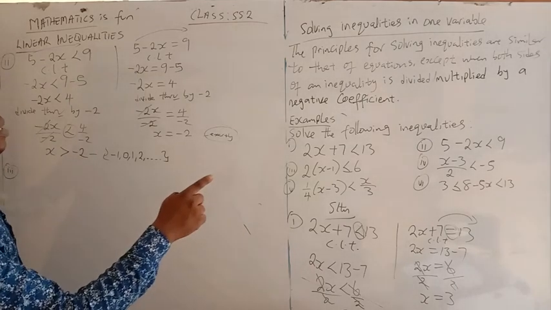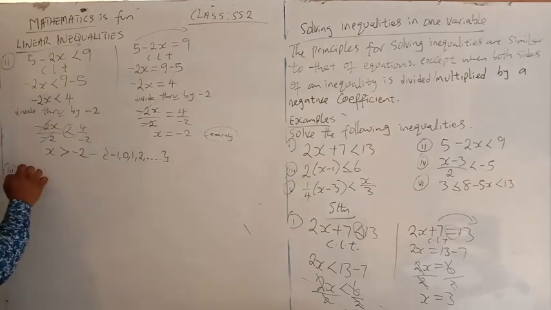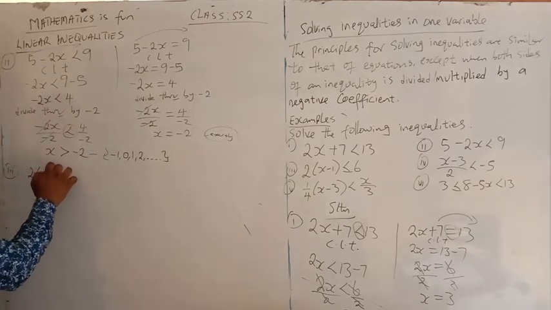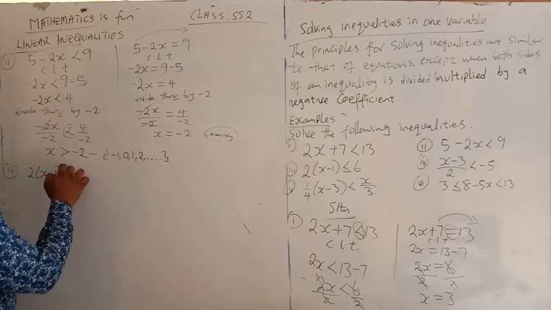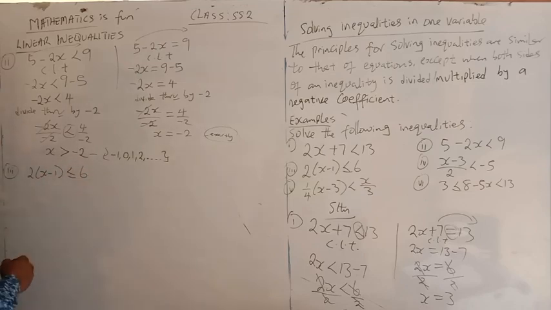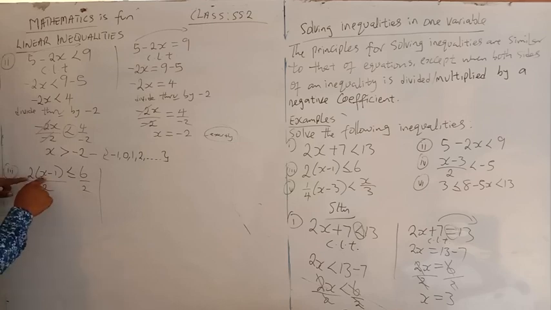The third question there is giving us 2 into x minus 1 less than or equal to 6. Yes, there are two ways I can solve this. I can decide to reduce the value by dividing through by 2. And the reason is that 2 is a common factor of x and minus 1.